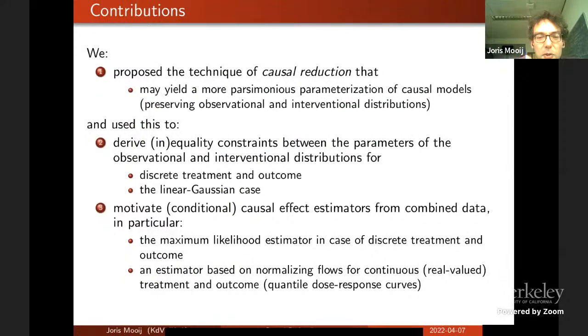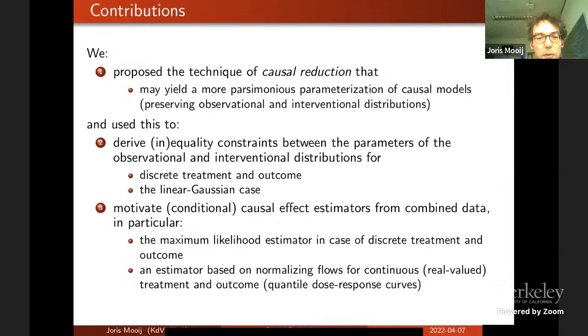So the contribution of this work is that we propose this technique of causal reduction that may give you a more parsimonious parameterization while preserving observational and interventional distributions, at least for this setting of treatment and one outcome variable.